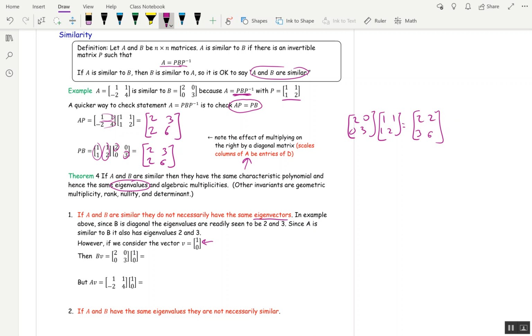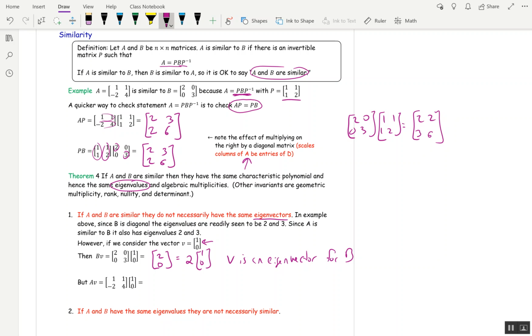So let's check Bv. Bv is 2, 0, and that's twice 1, 0. So v is an eigenvector for B with eigenvalue 2.